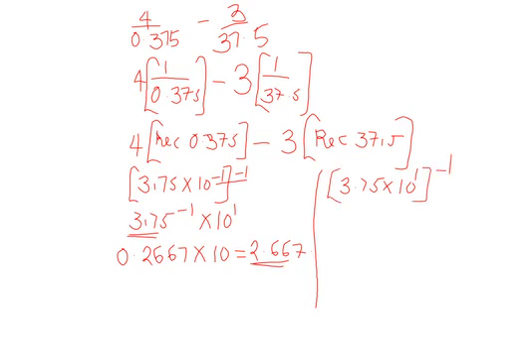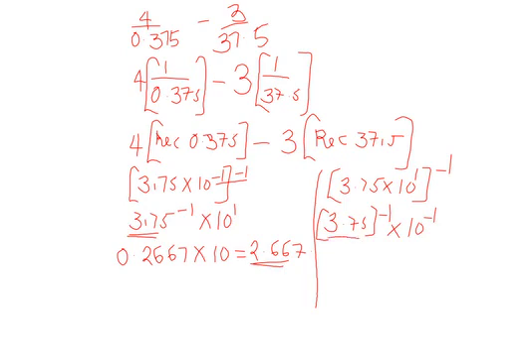So 3.75 power -1 will be the reciprocal of 3.75, then multiplied by 10 power -1, because 1 multiplied by -1 gives us -1. So we read directly from the table the reciprocal of 3.75.